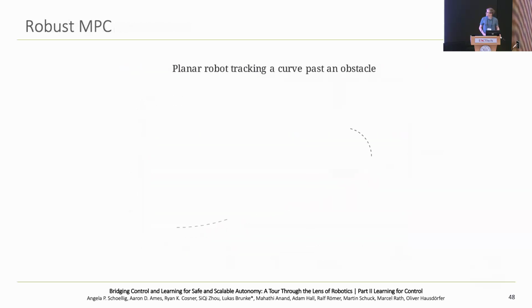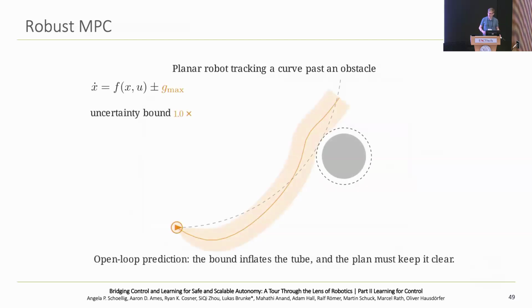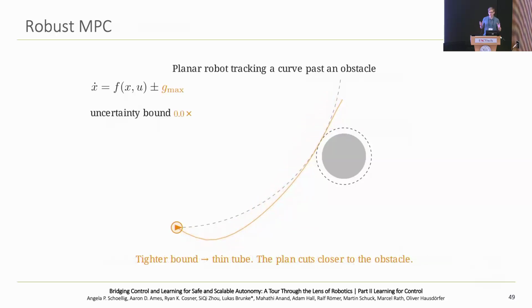If we do this in a robust MPC fashion, we have our nominal model plus this uncertainty bound, and we can account for this in our controller. Over the horizon, we can plan a trajectory and make it more or less conservative depending on how we chose this bound.